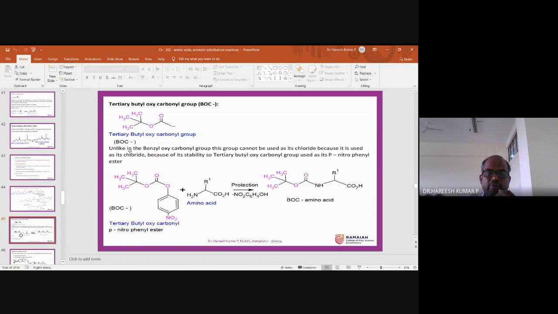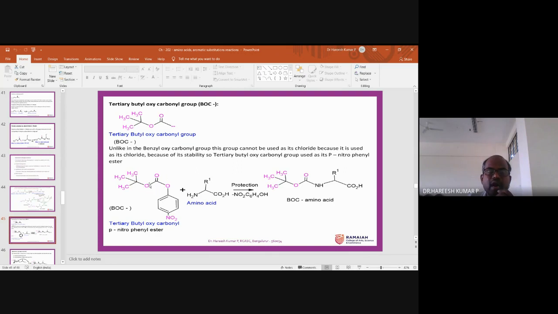Okay, so what will happen here? Look here. In the previous case, benzyl oxycarbonyl chloride was used for the protection of the amino group. But instead of chloride, here paranitrophenol is used, because of stability.